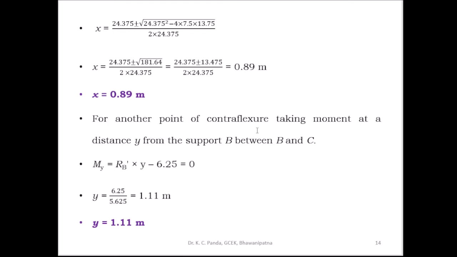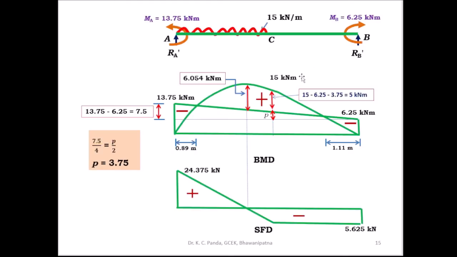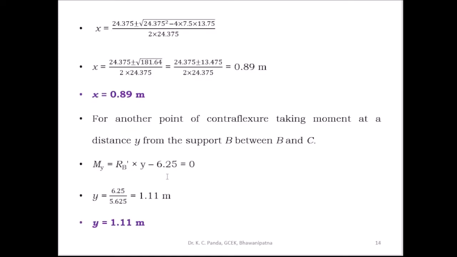Then for another point of contraflexure, take the moment at a distance y from the support B, between B and C. Here you have to take the section at a distance y from the support B and find out the moment My. My is equal to RB into y minus 6.25, which is equal to 0.